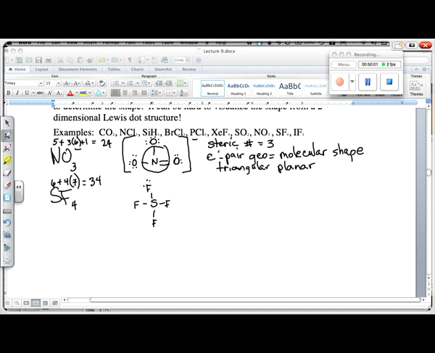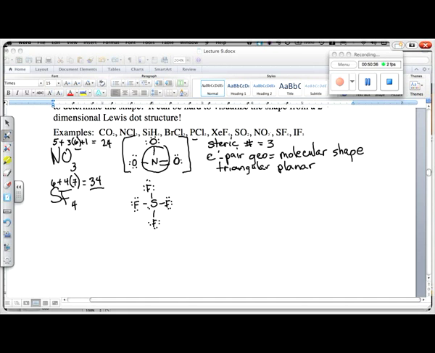Give each fluorine some more, 6 more, because they only have 2 with the dash. Okay, now count. Everybody's happy. 6, 12, 18, 24, 26, 28, 30, 32. And too few. Central atom is third row, so we're going to give it one more pair of electrons to get our total of 34.